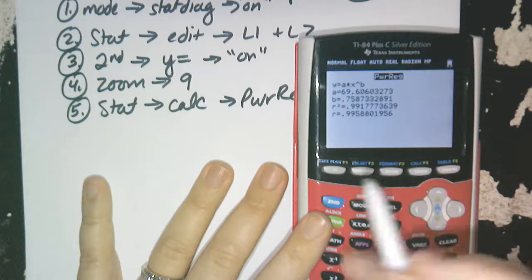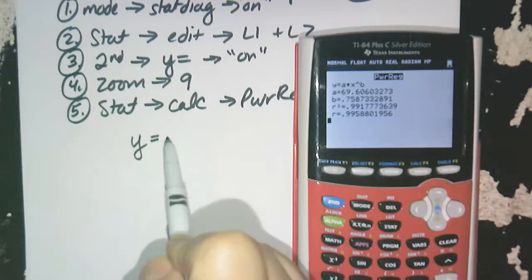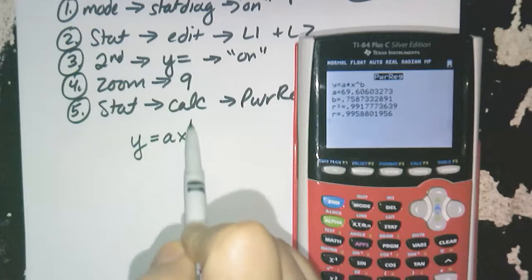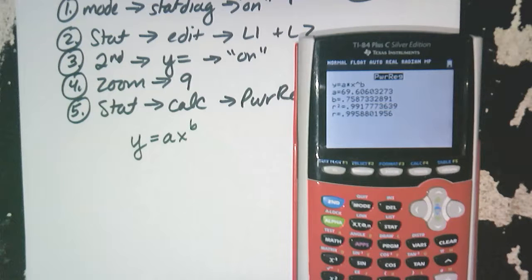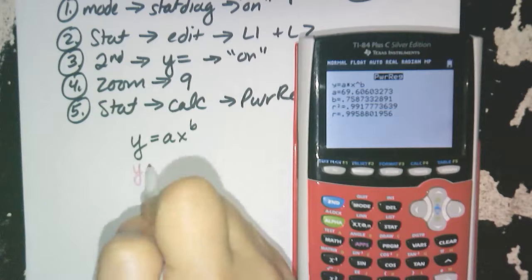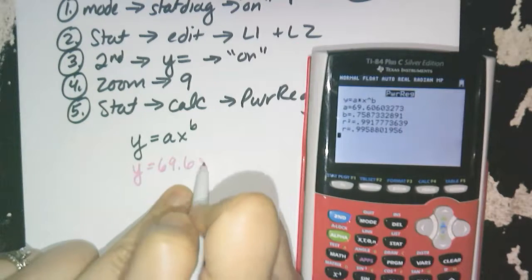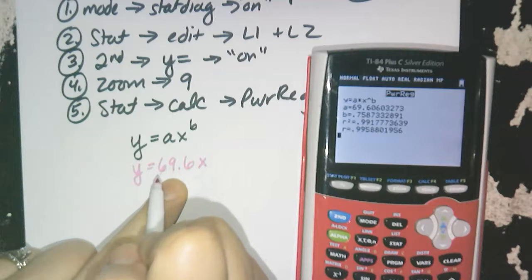And then it gives you this formula right here. My formula says, and yours should say this too, y equals a x to the power of b. According to mine, a is 69.6. So you're going to write y equals 69.6. Is that what yours is? Is yours 69.6?